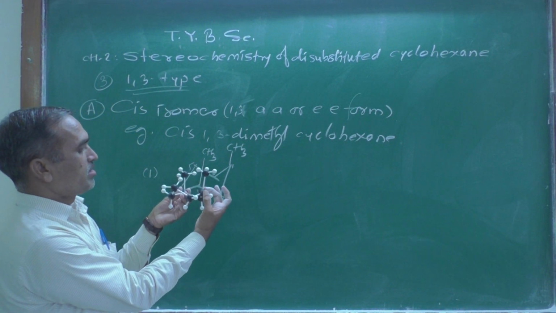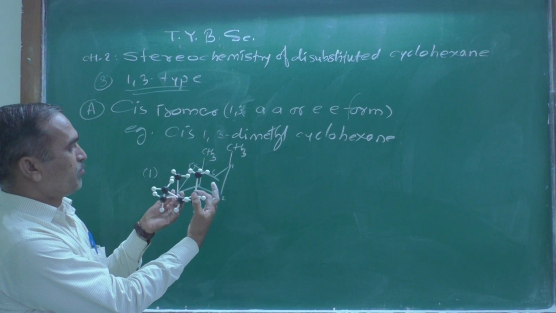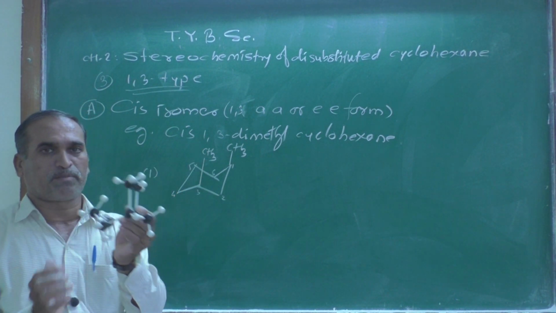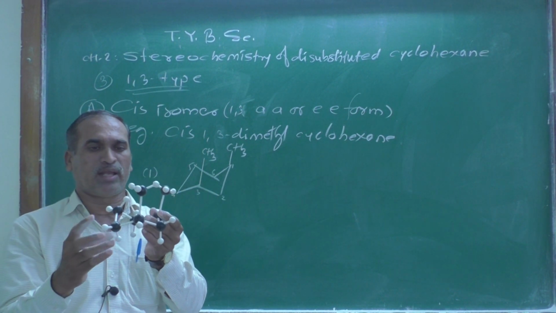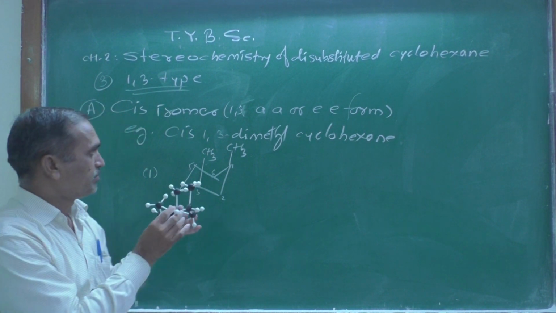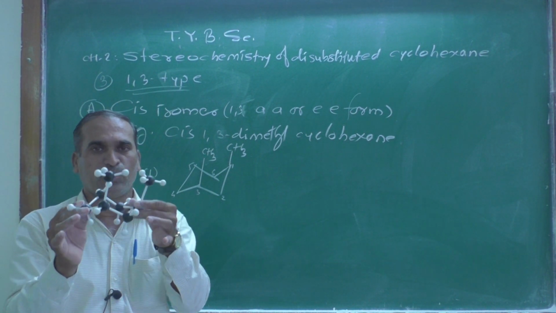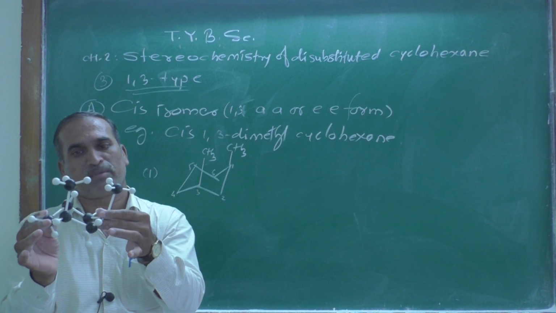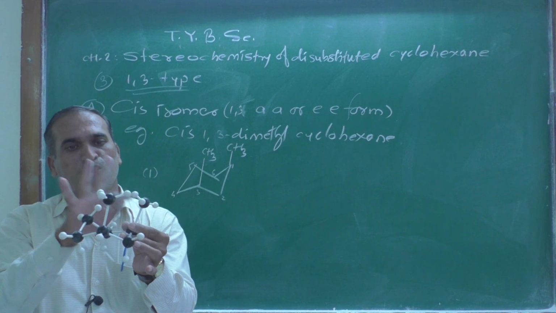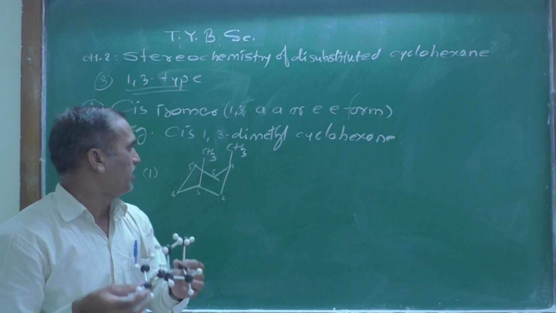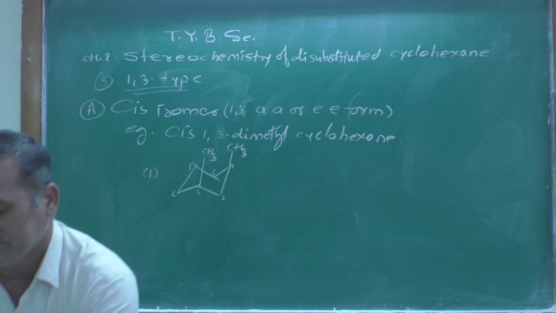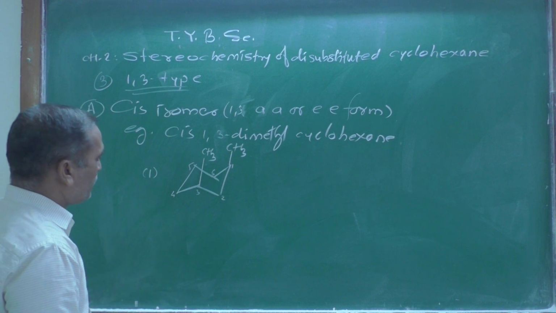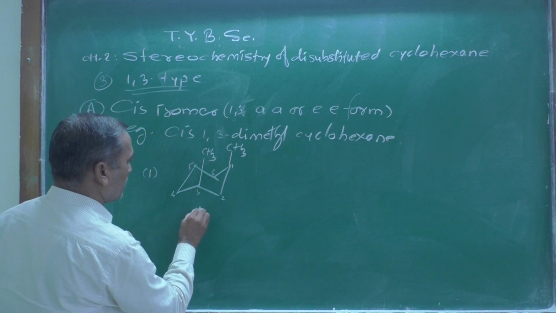Assume that this is a methyl group which is above the plane, and another methyl group which is also above the plane. You can see the clear model here, and from that we can easily find out it is a cis conformation, right? Both the methyl groups are on the same side, and therefore it is a cis isomer, right?